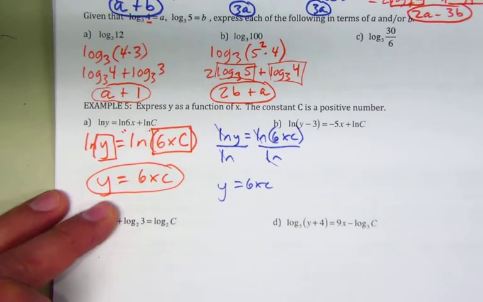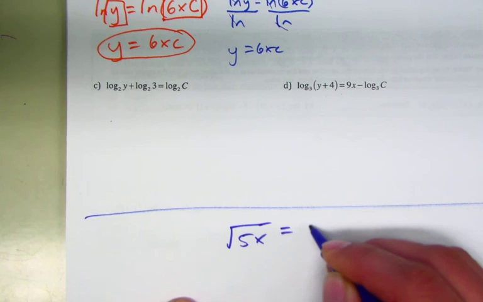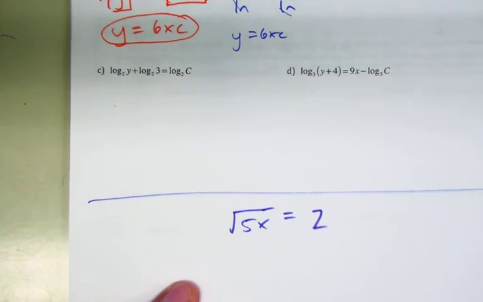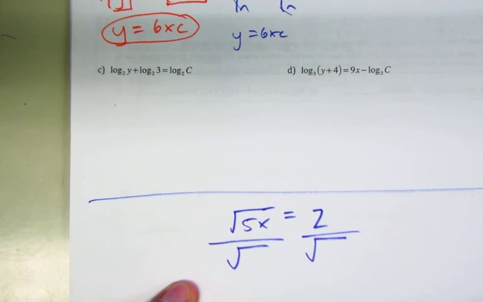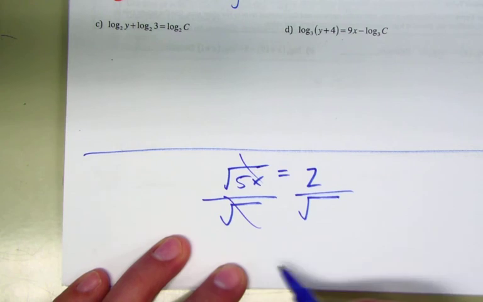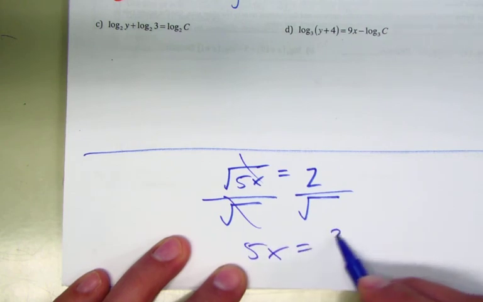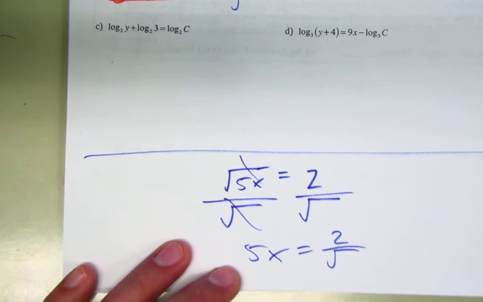So dividing by this would be like if I had the square root of 5x equals 2, and I ask you how to solve, and you go, well, let's just divide by the square root. You see what I'm trying to say? Cancel the roots. So now we get 5x equals 2 over, well, that doesn't make any sense. Numbers got to be in there. Okay, so back over here.